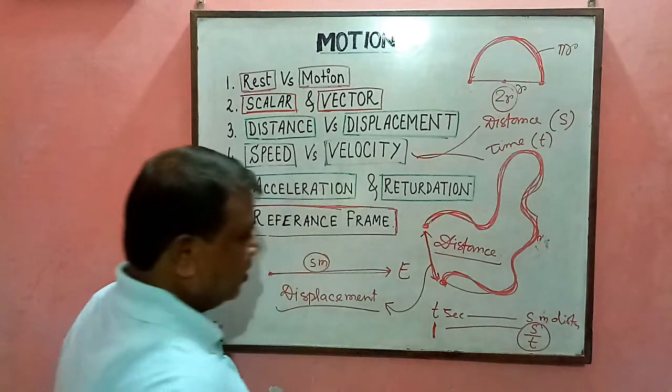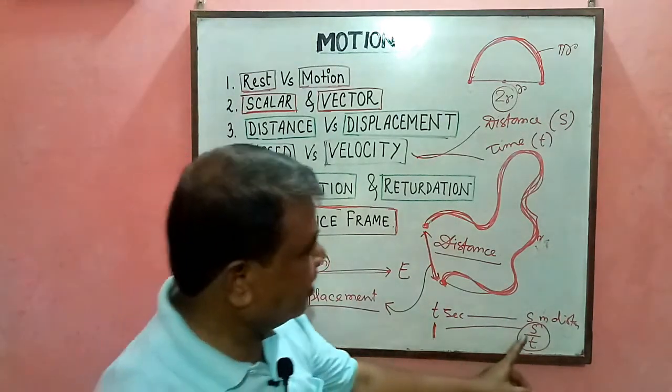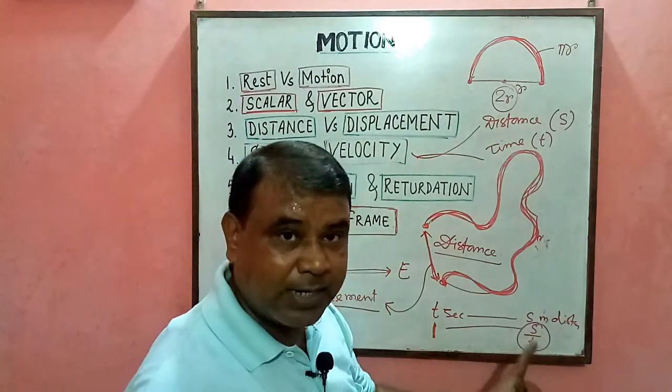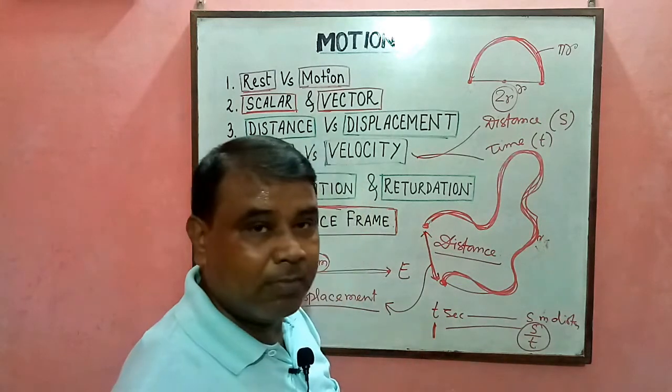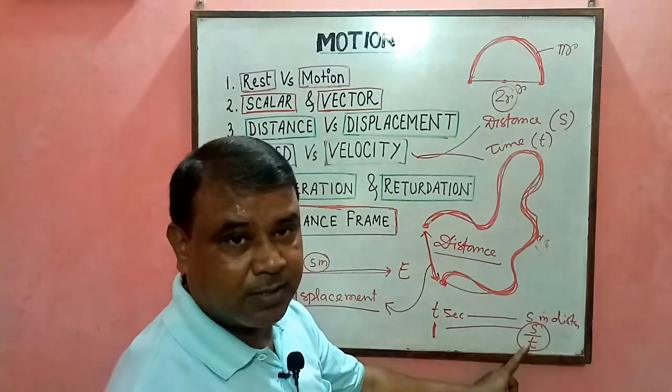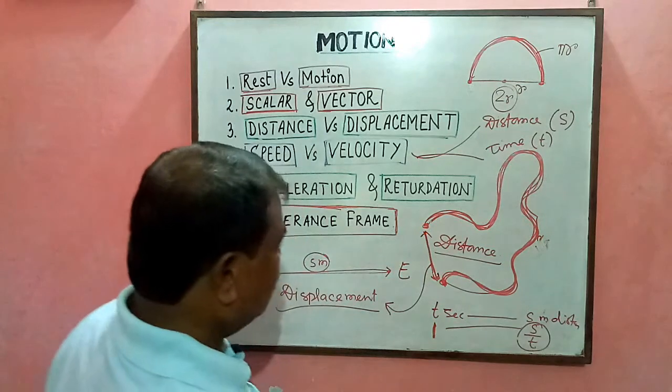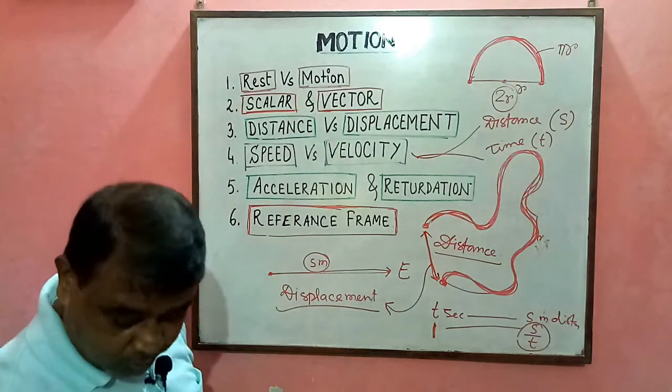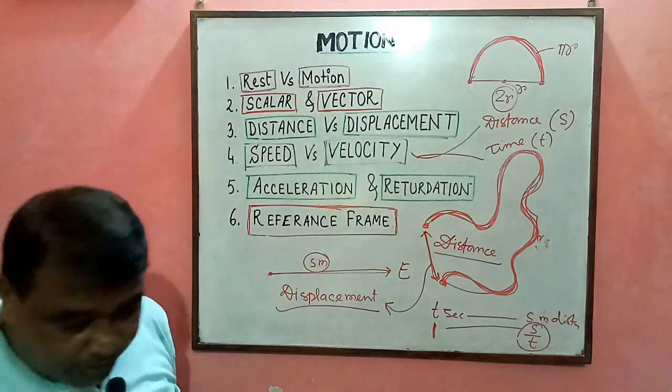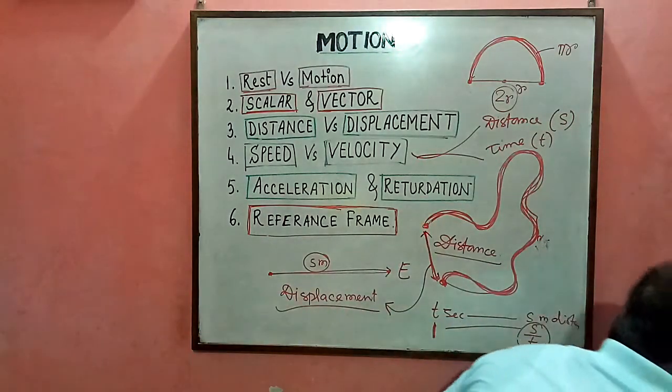This is the distance traveled in per unit time, which is known as speed. So speed is equal to distance upon time.